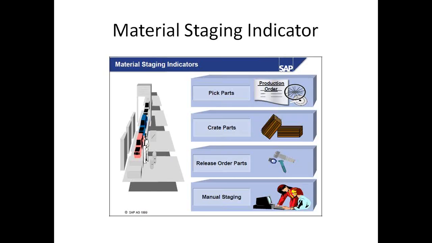Okay, the system will stage the material with respect to the individual production order. The crate parts are for small components such as jacks, cutting plates, screwdrivers, screws or nuts.